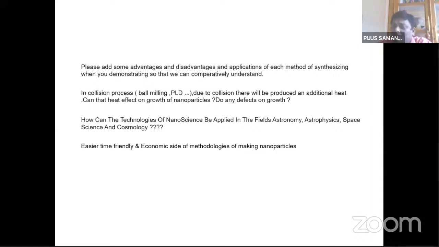So the zinc oxide grown by chemical method will show photoluminescence or emission in the visible region. If you need UV emission, then obviously you have to go for these thermal processes or vapor processes.